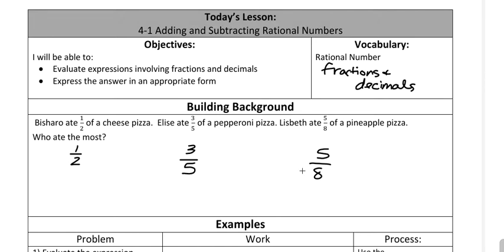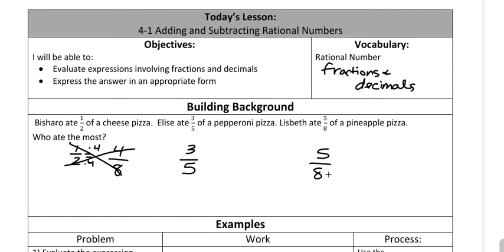If I think of 1/2 and 5/8, if I multiply 1/2 by 4, 1 times 4 is 4, and 2 times 4 is 8. So if I got 4/8 and 5/8, 5/8 is bigger because there's 5 of the pieces. This one's only 4 of the pieces. So Basharo did not eat the most.